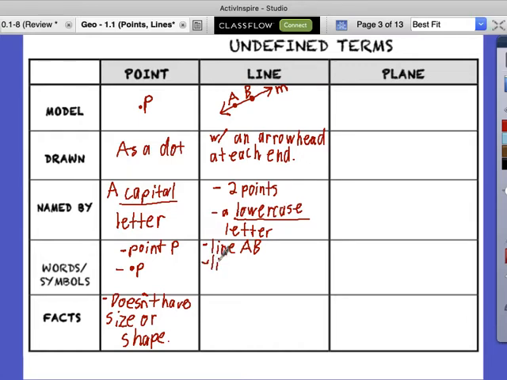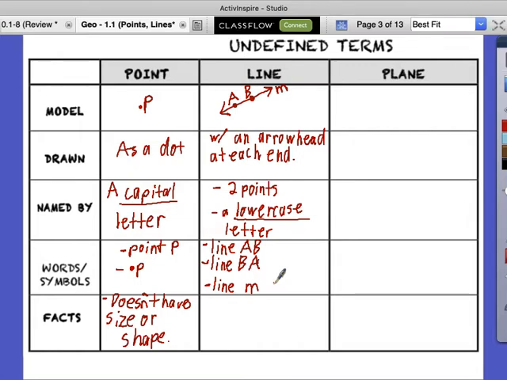No. You could do line BA, and that's perfectly fine. You could also do line lowercase m, using the lowercase letter we see up here on the side. Okay?